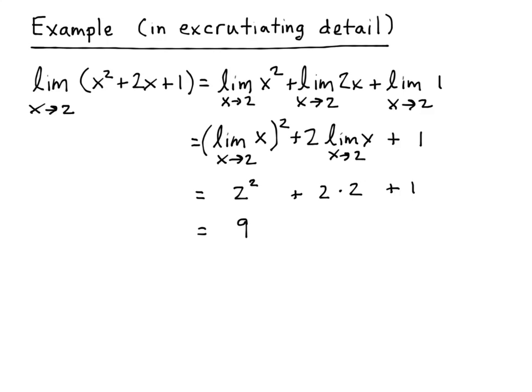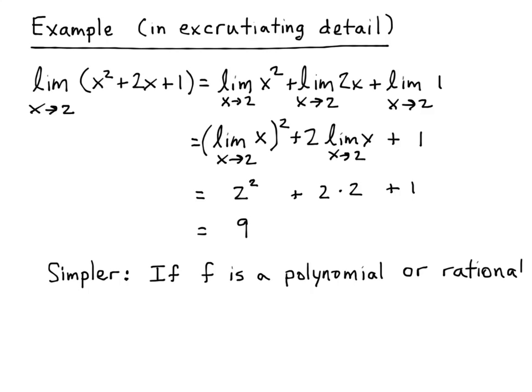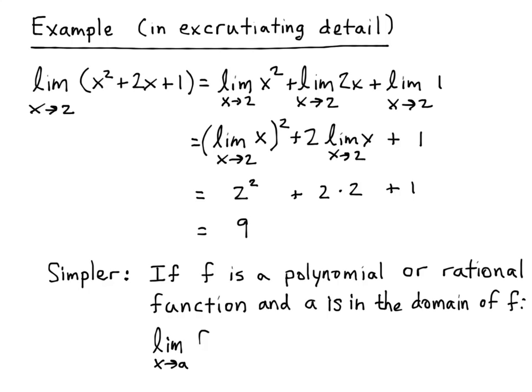Now, remember I said this is a polynomial and we have all the tools for this. What we can do is just make the substitution. So this is way simpler. If we know it's a polynomial or a rational function, and this is the important point, and a is in the domain of f, then we just plug it in.